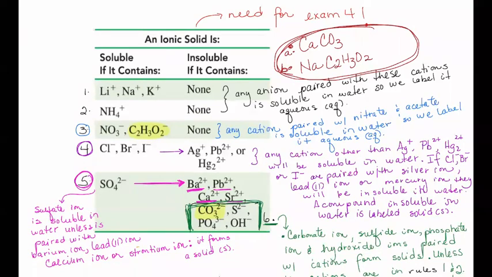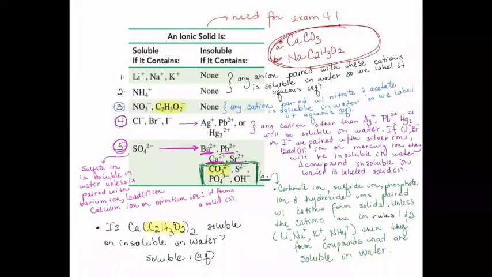Based on the solubility rules that we talked about, which one is aqueous, A or B? According to solubility rules. Great job. Exactly. Letter B. This is aqueous. What rule tells me that that is aqueous?